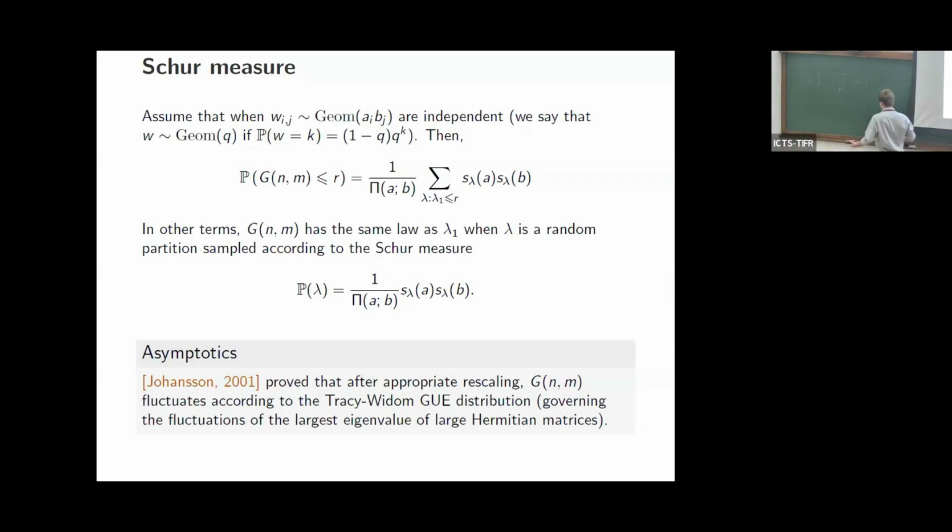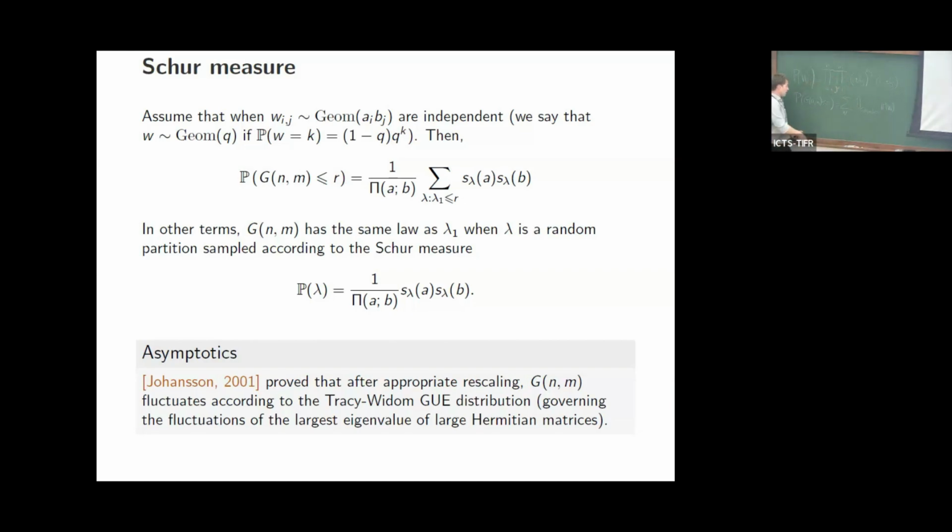And so the probability now that G(n,m) is less than something, I call it r, will be the sum over all possible matrices for which G(n,m) is less than r of this probability here.